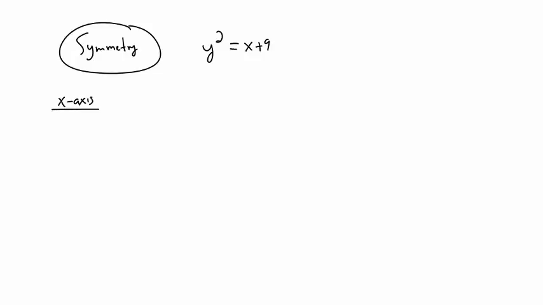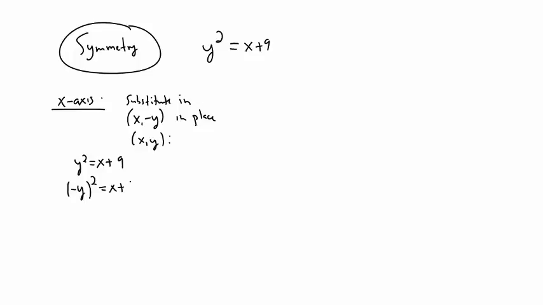To check whether it has symmetry about the x-axis, we take our equation and we put in x comma minus y. So our equation becomes minus y quantity squared equals x plus 9.